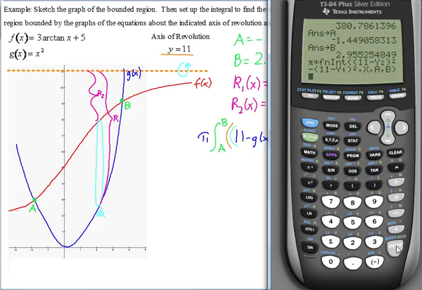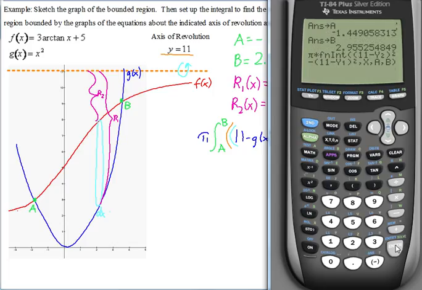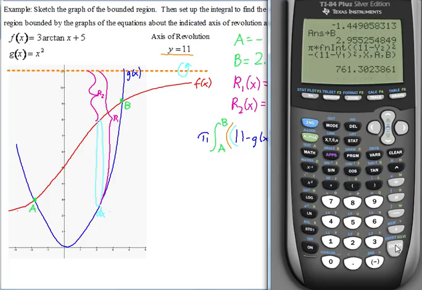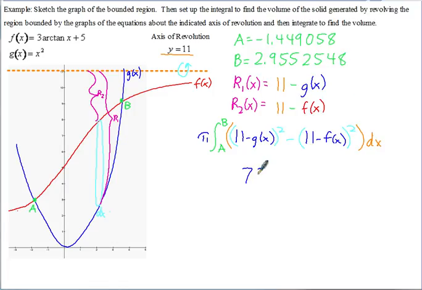Close parentheses. And we get 761.302. Again, we're talking about volume here, so it is units cubed. You don't have to put that, we aren't given specific units.